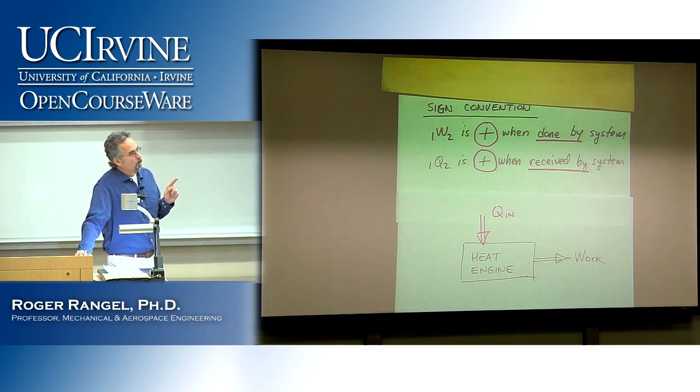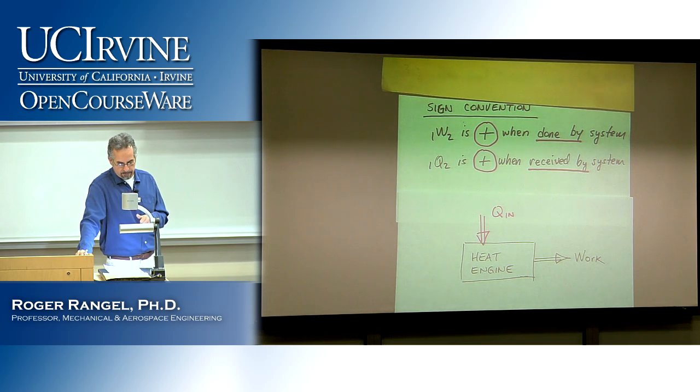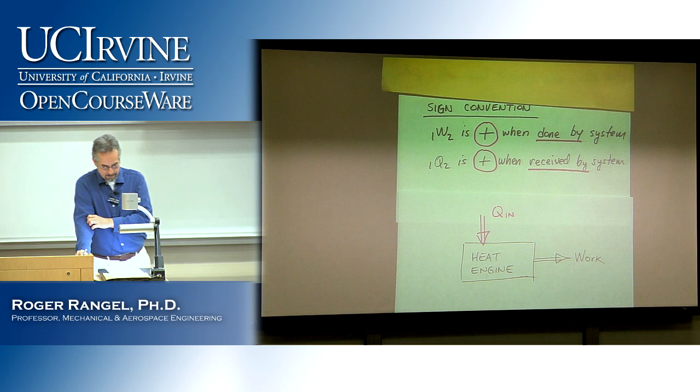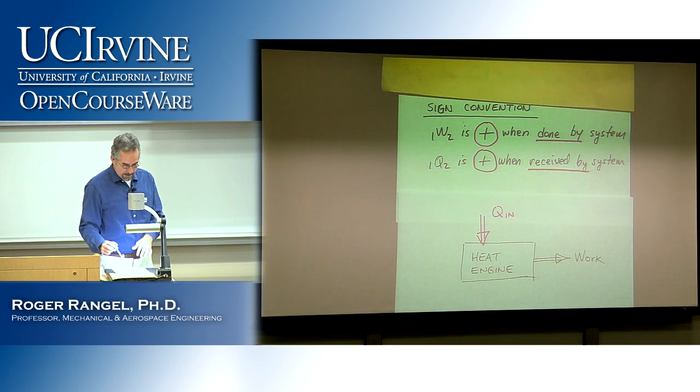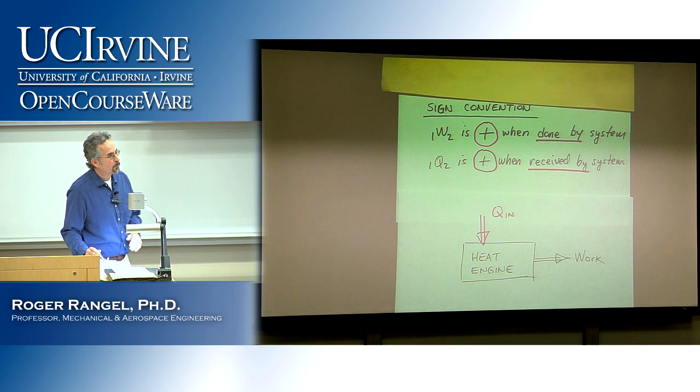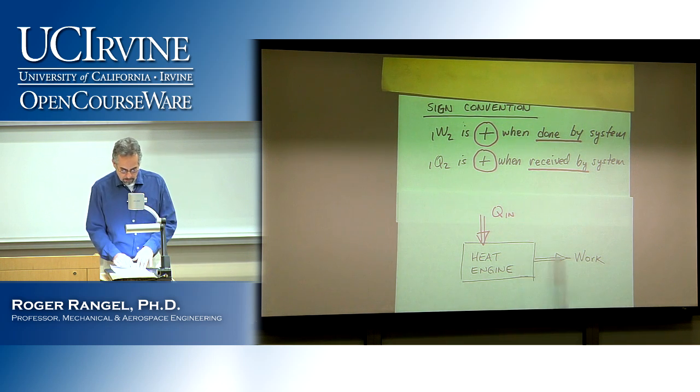So when the work is being done by the system, then we consider that work to be positive. And at the same time, when the heat transfer is received by the system, then that's considered positive. The reason for that, of course, is that it makes these two quantities in this cartoon both positive. Because this work is being done by the system.